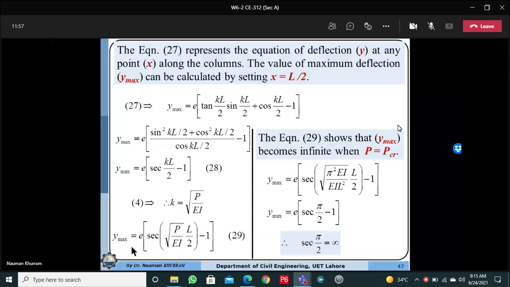This is the maximum out of plane deflection produced by the load value. This load value will always be less than P critical corresponding to a perfect column or concentric column, because the load at which buckling in an eccentric column occurs will always be less than or equal to P critical.